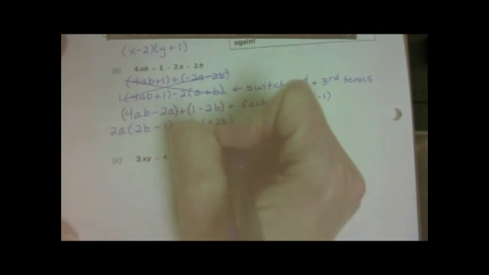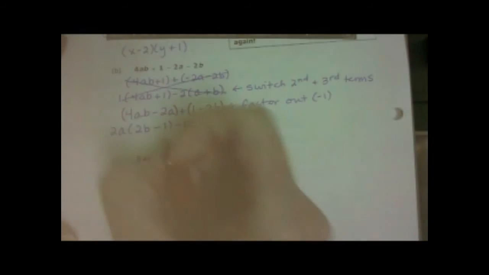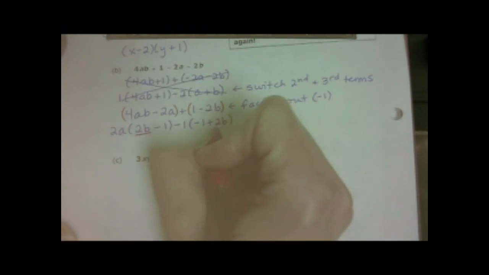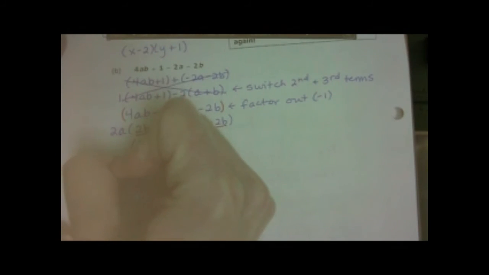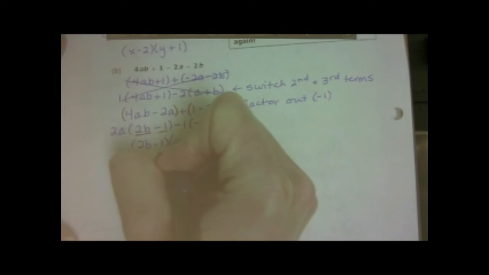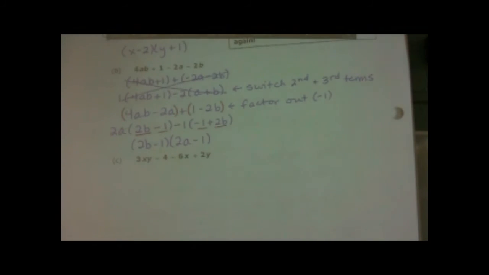This is going to make this negative 1 and plus 2b. Now, I know these don't look the same, but they are. They both have a positive 2b and a negative 1. They are the same. You can factor that out to the front. So 2b minus 1 to the front. And in parentheses, I have what's left, which is 2a minus 1.